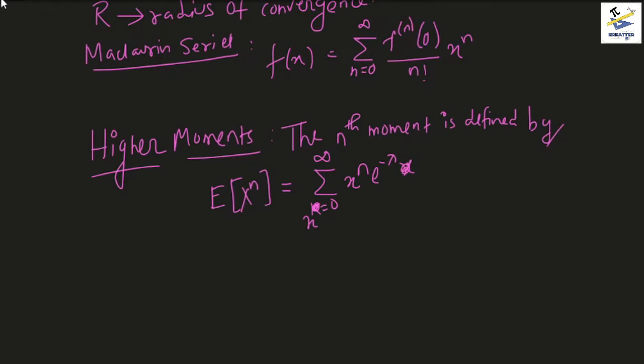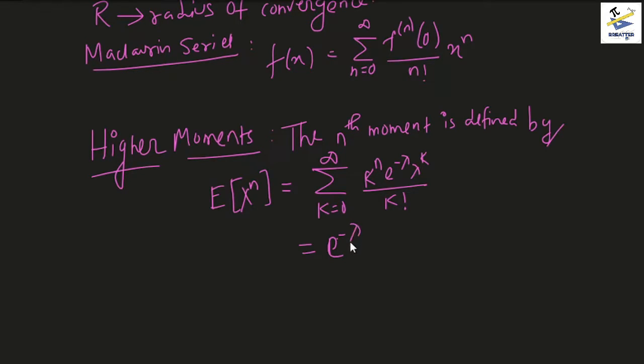Wait, let me just do it clearly in terms of k, because so far we have been doing it in terms of k, so it's better to do in terms of k. Summation k equals 0 to infinity, k to the power n, e to the power minus lambda, lambda to the power k by k factorial, right? And this gives you e to the power minus lambda outside, summation k equals 0 to infinity, k to the power n, lambda to the power k by k factorial.